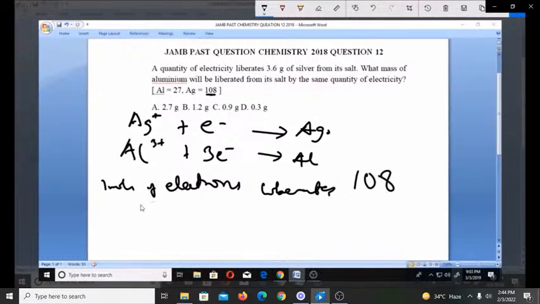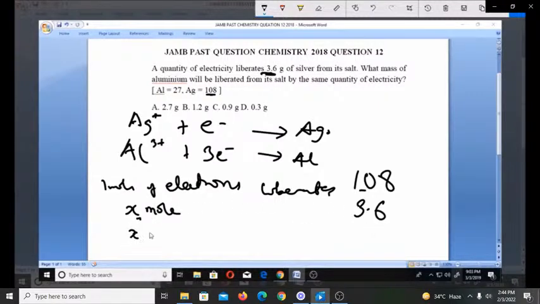So if 1 mole liberates 108, now how many moles, x moles, will liberate 3.6? So the quantity of this electricity we are talking about is actually x mole. So you have 1 mole liberating 108, x mole will liberate 3.6. So make x the subject of the formula.